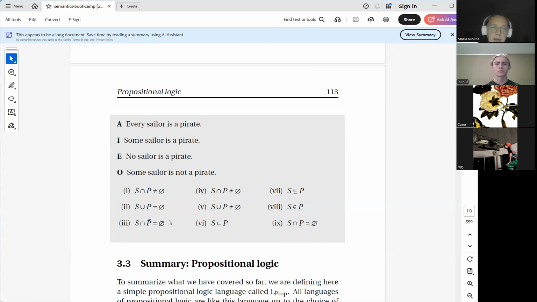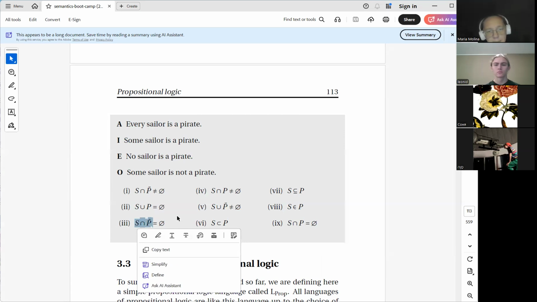S and P with macron means sailors who are not pirates. And we've got De Morgan laws.